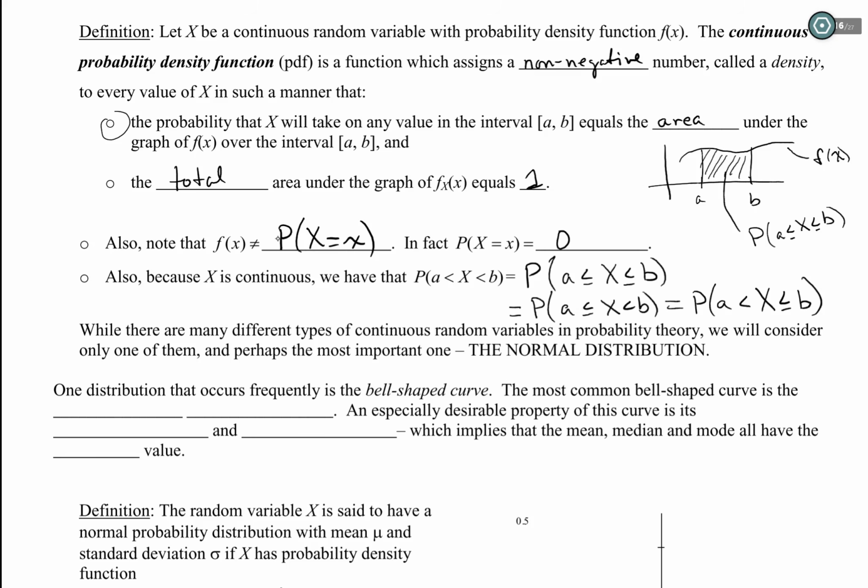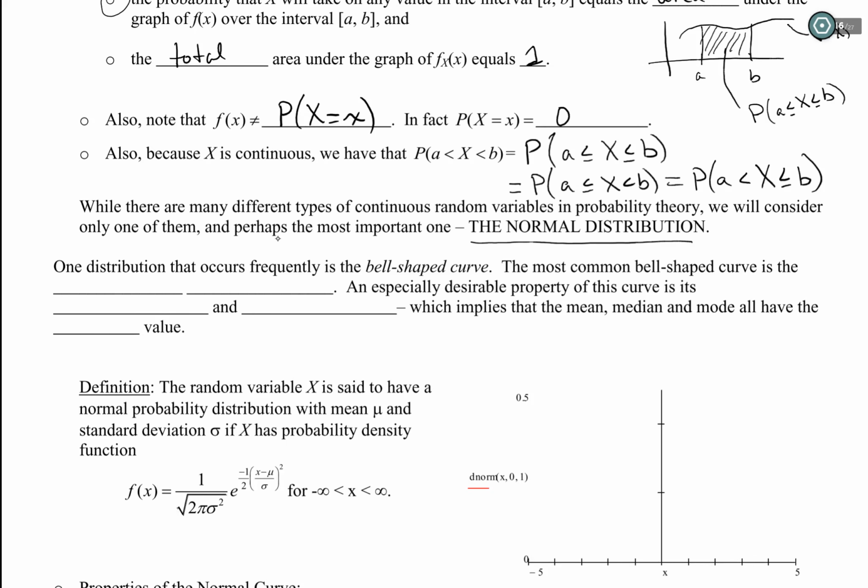Now we're going to look at one type of continuous random variable, the normal random variable. The normal distribution is what we're going to look at, and it's the most common bell-shaped curve.